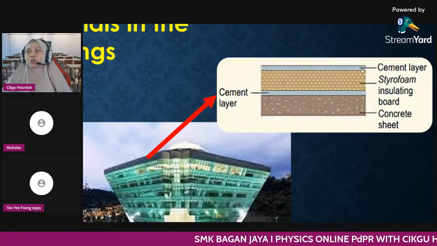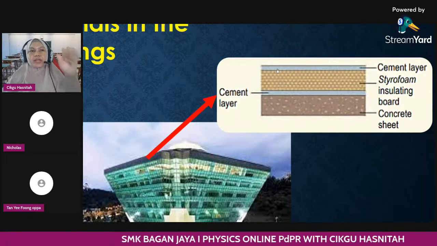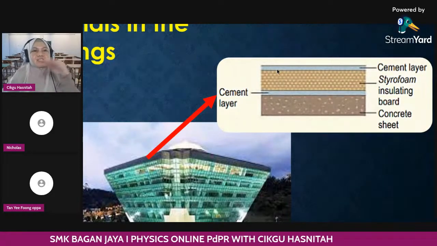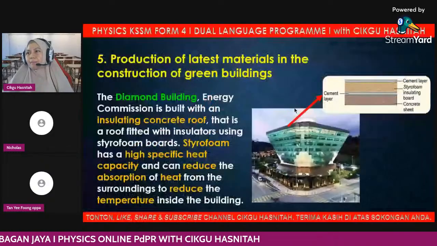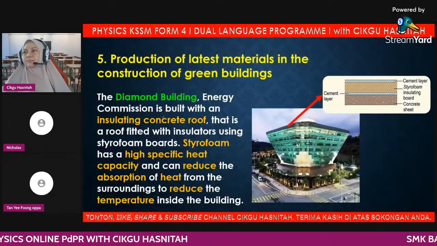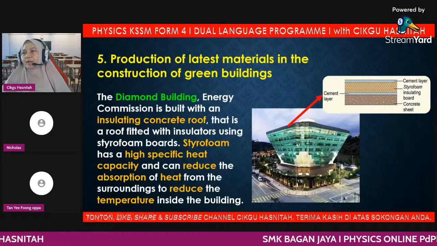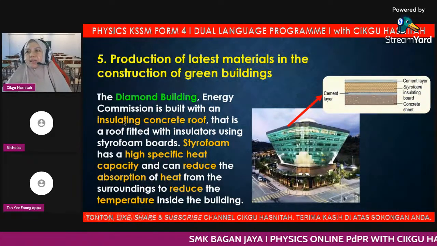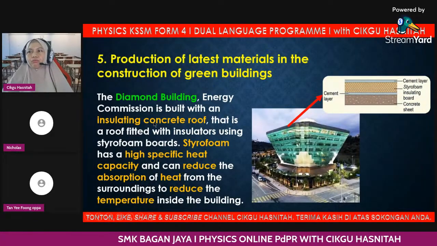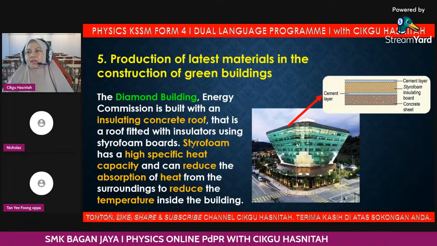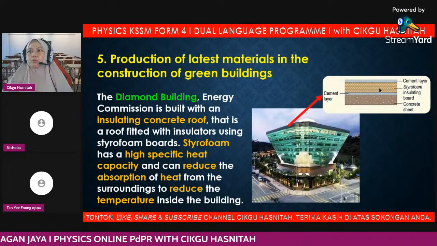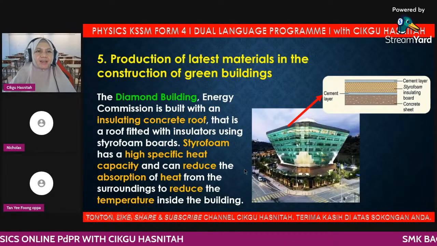And on top is a cement layer. So it is a multiple-layer concrete structure. You can read here, the roof is an insulating concrete roof, which is fitted with styrofoam board. You know what styrofoam is, right?